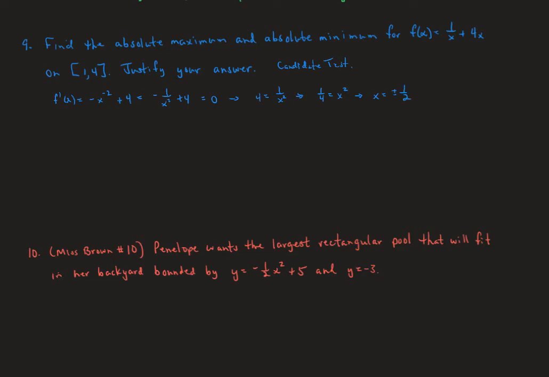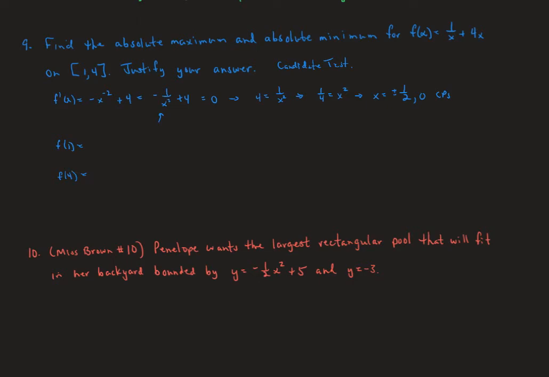Now we also have a critical point of 0 because that will make our derivative undefined. So these are our critical points. But our domain is only from 1 to 4, so none of these critical points are on that domain. So all we need to do now is evaluate the endpoints.